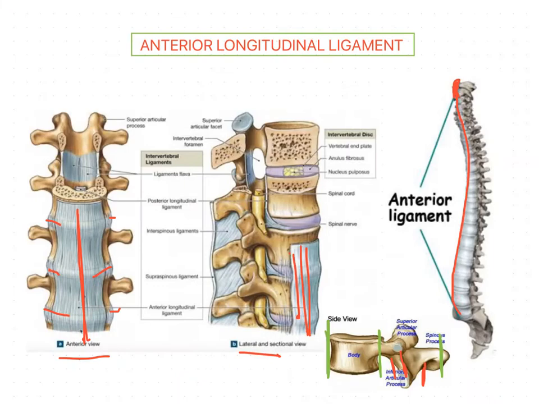Again we will see here, the anterior longitudinal ligament has two layers made up of thick bundles of collagen fibers. The two layers are the superficial layer and the deep layer.